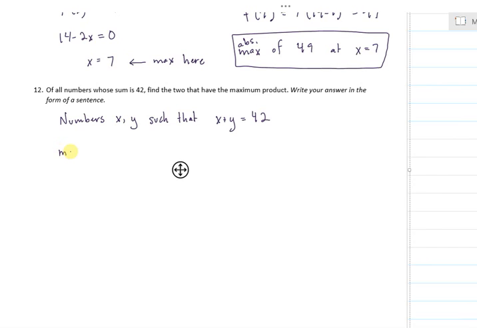Here's what I want to maximize. I'll call it product: x times y. Now I'm going to write this as a function of one variable. So I'm going to write it as x times 42 minus x. That's just solving this for y in terms of x.